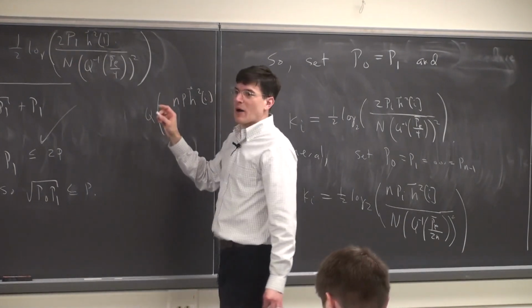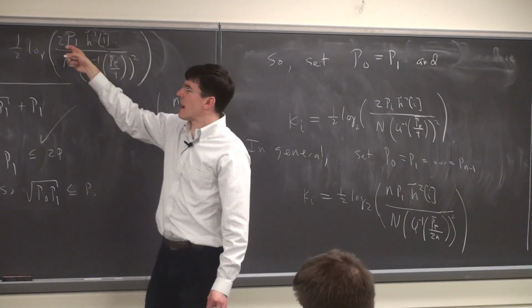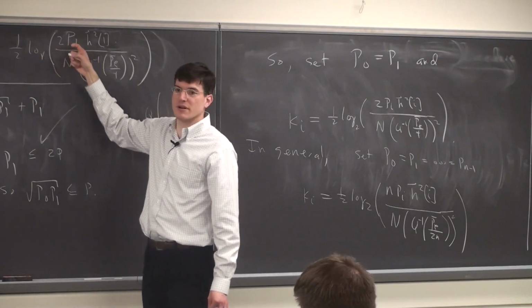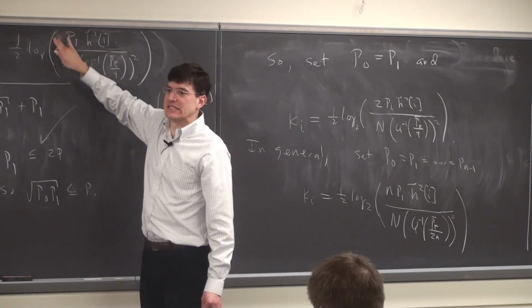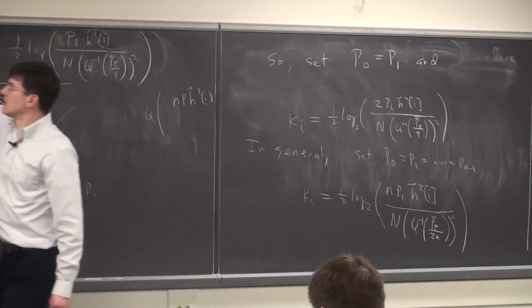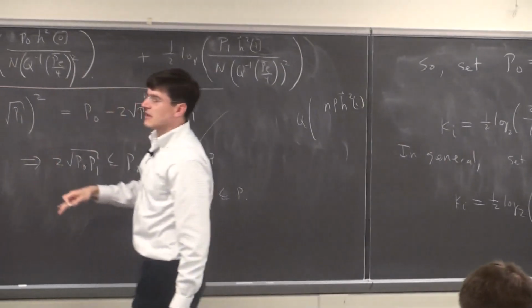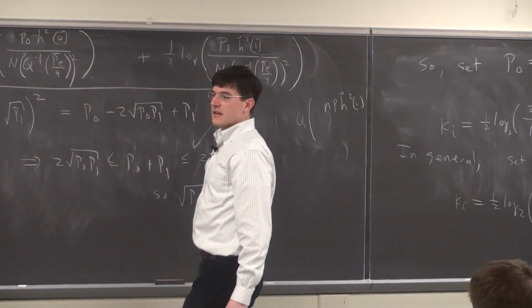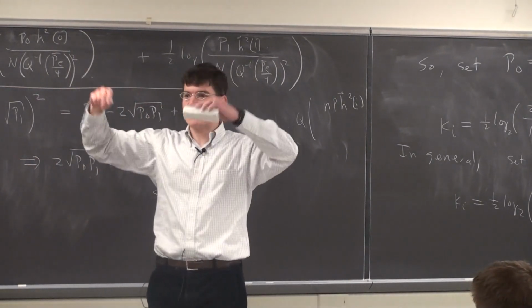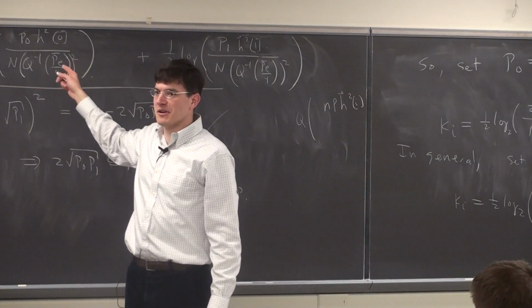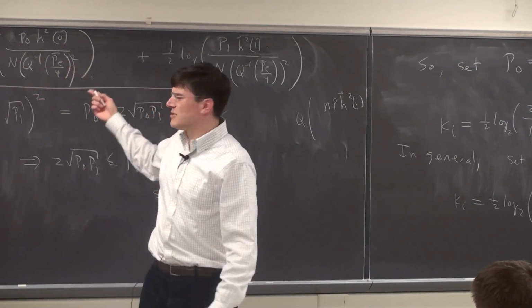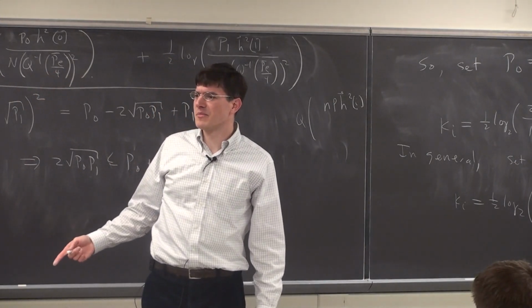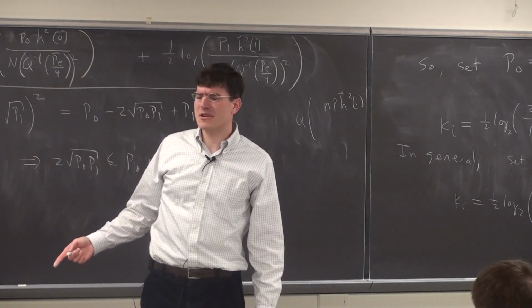But now I'm not putting all the power in one component. I'm putting P1 as the power in this component, not 2P1. I think this should probably just be P1 here. When I did the big expansion we talked about, was there a 2 in there? Yes? Oh my gosh. Why do we get a 2? Where did that 2 come from? Really?